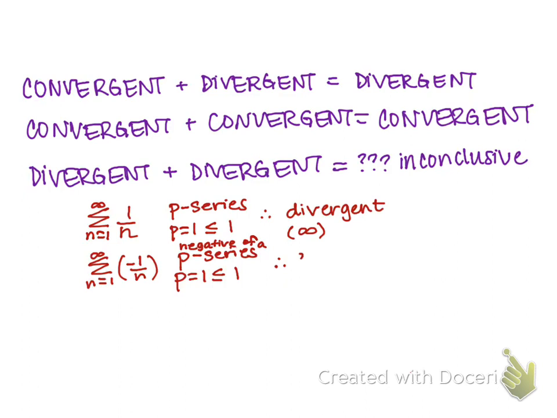Therefore, this is divergent. And we can assume that if the first diverges to infinity, this must then diverge to negative infinity.